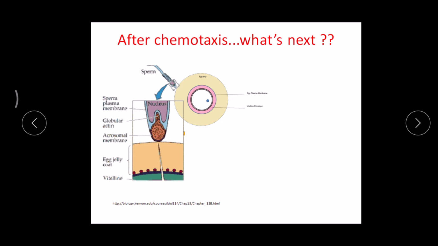And these bindins and bindin receptors are highly species specific, and once the bindin and bindin receptor fuse, that is the final clearance that this sperm belongs to its own species.